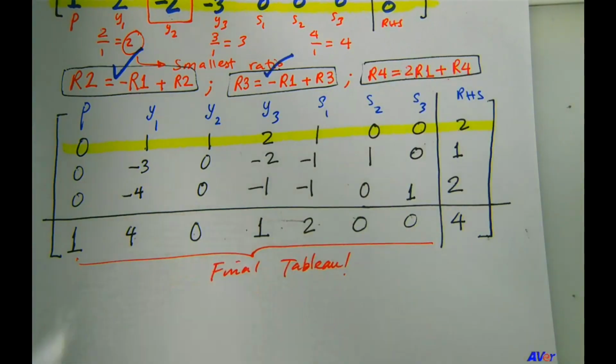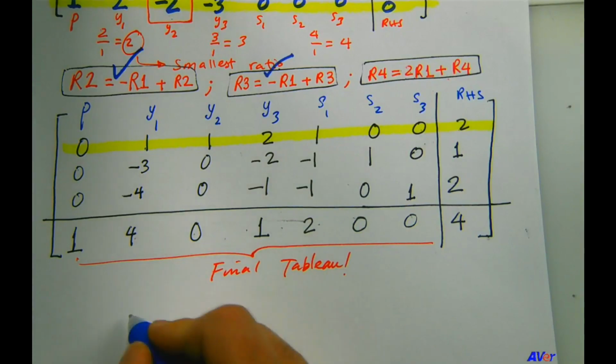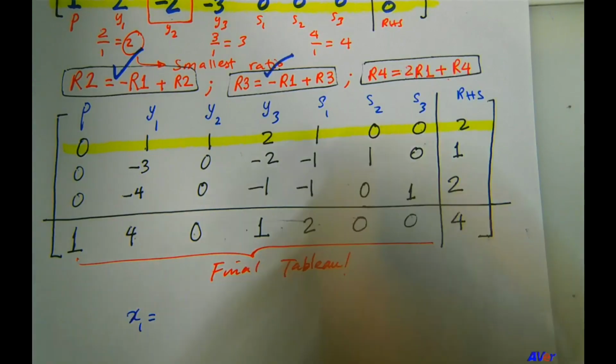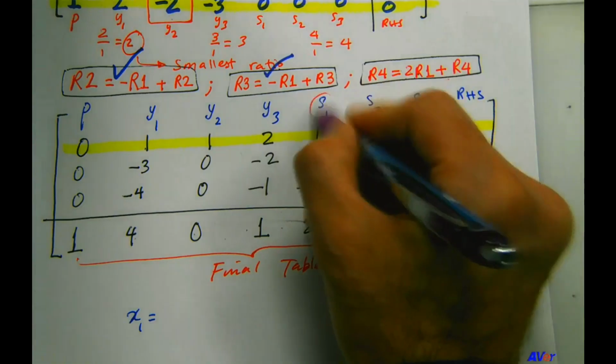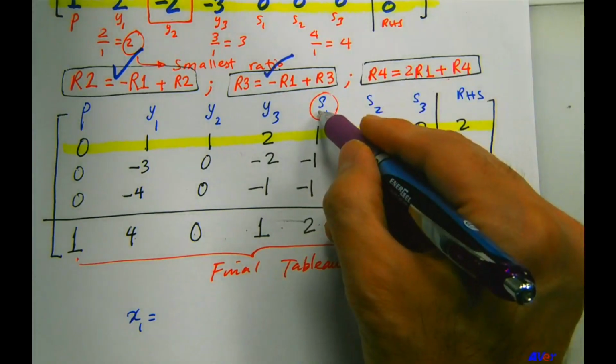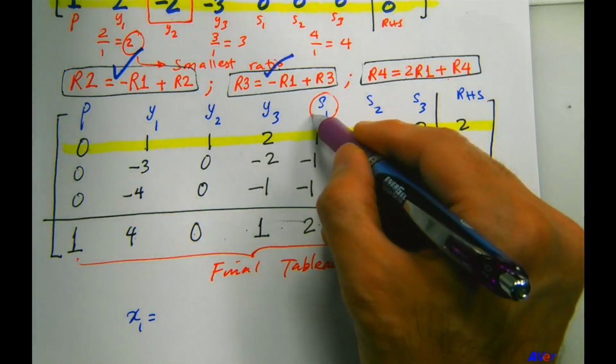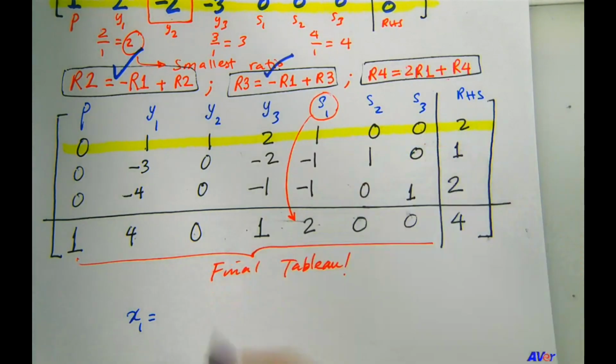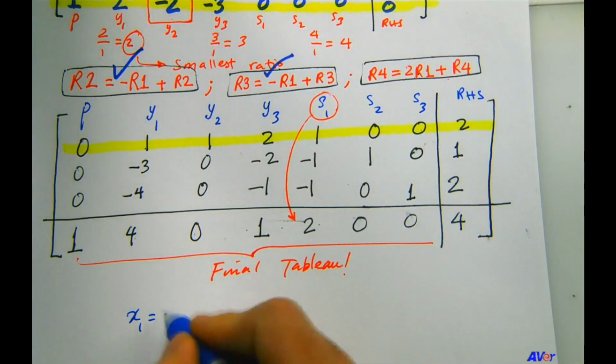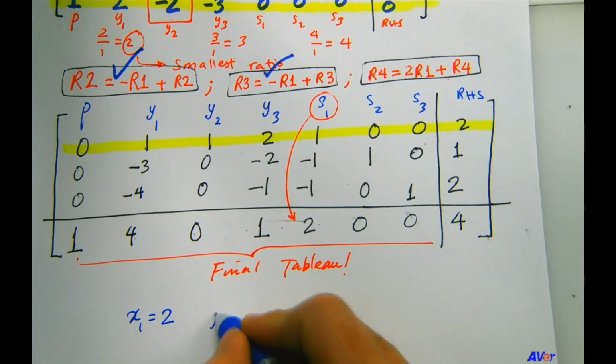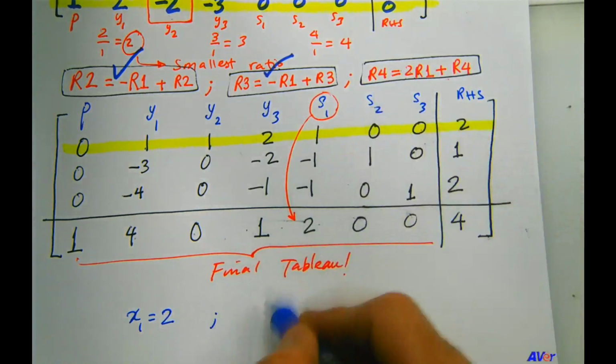So for x1, we look under S1. So S1, look under that, it would be 2. So x1 is 2. How about x2?